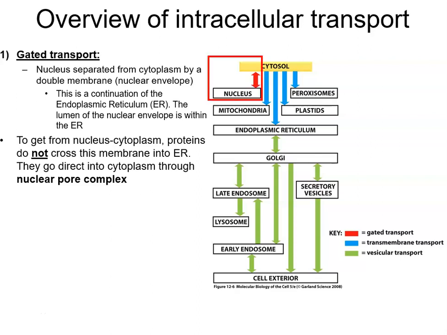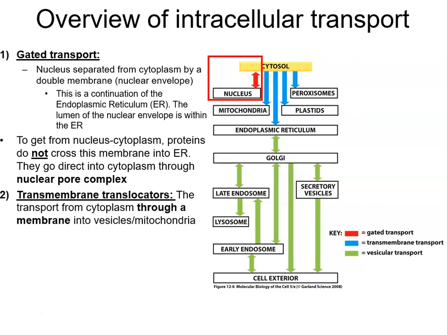So that is cytosol to nuclear, which is gated transport. We've then got transmembrane transport. So this is where a protein is threaded through a pore in a plasma membrane so that the protein directly crosses a phospholipid bilayer. Now to do this, proteins are unfolded and pass through with no secondary or tertiary structure.